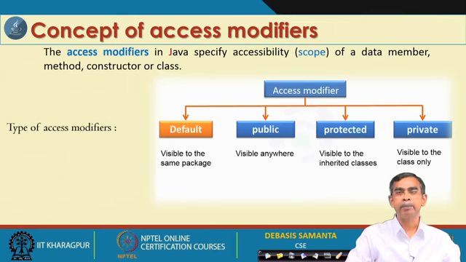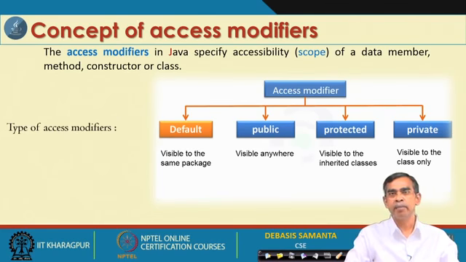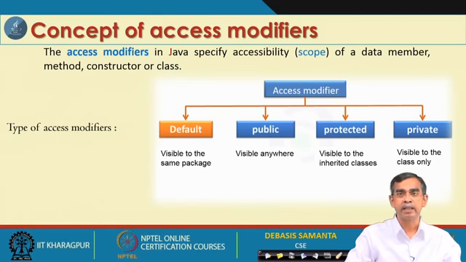On the other hand, if it is private, then that member cannot be accessed by any method other than the methods in that class itself. So, these are the 3: public, protected and private. And then default: there are possibilities that without making any specifier explicit, it is called the default access specifier.